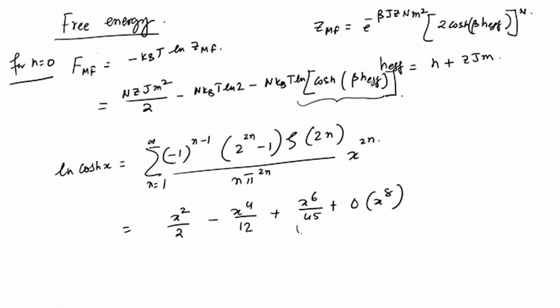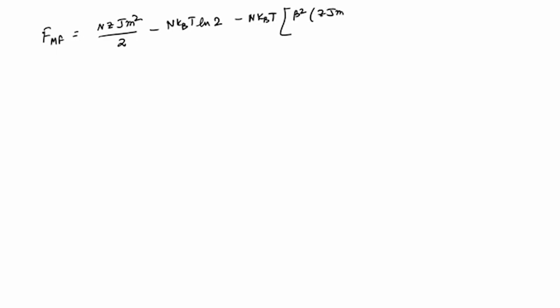And we really would ignore these higher terms in order to write the free energy, and so we write F mf as equal to n z j m square over 2 minus n k t log 2 and minus n k t, and what you have is beta square z j m whole square divided by 2.